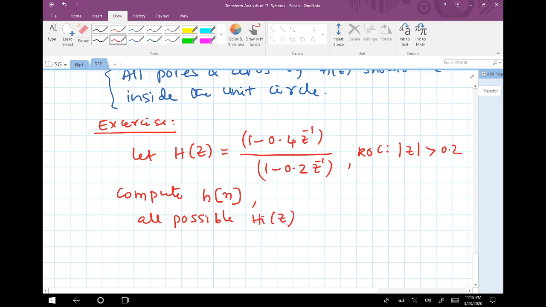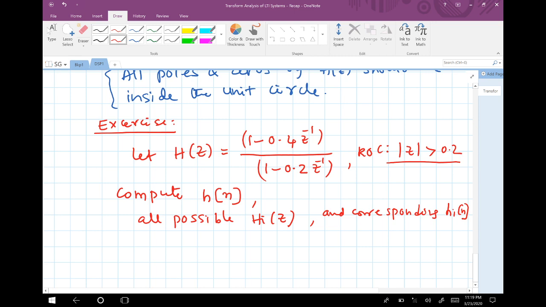As we discussed, there could be multiple ROCs, and all ROCs that overlap with the above mentioned ROC are valid inverses for the system. So find out all possible ROCs and the corresponding hi(n) values, and compute them.